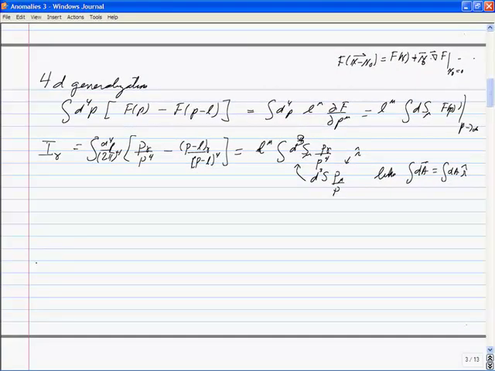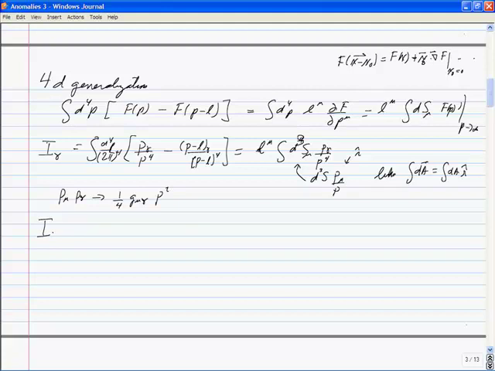And when we see p mu p gamma, since there's no other vectors around, we're going to replace that by 1/4 g mu gamma p squared. Okay.